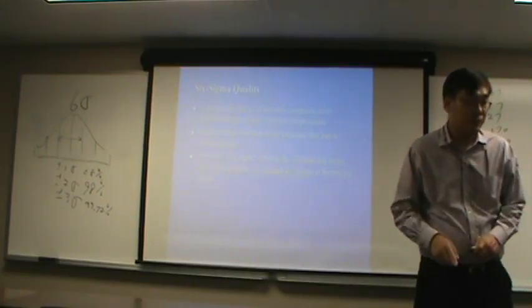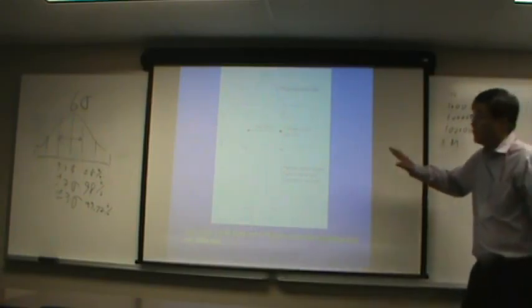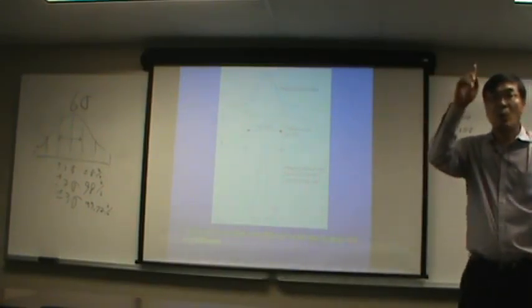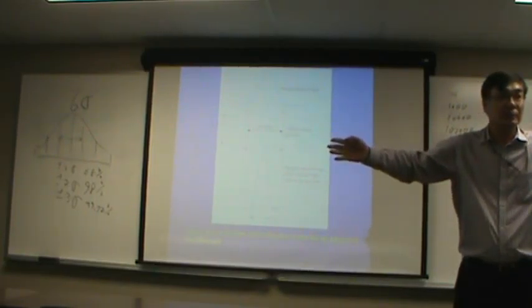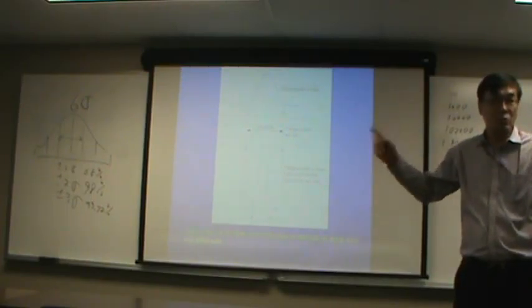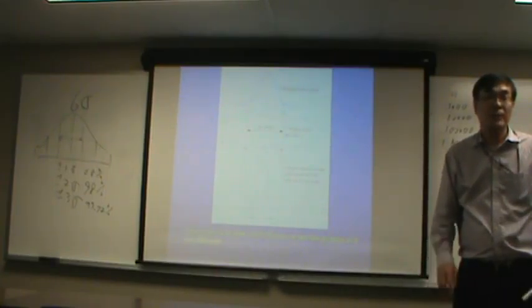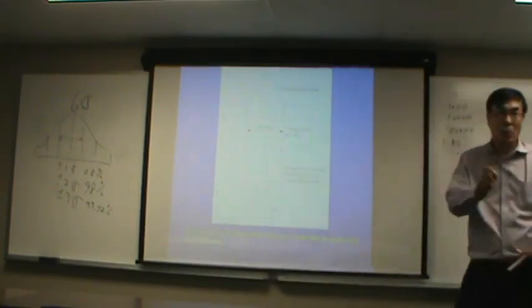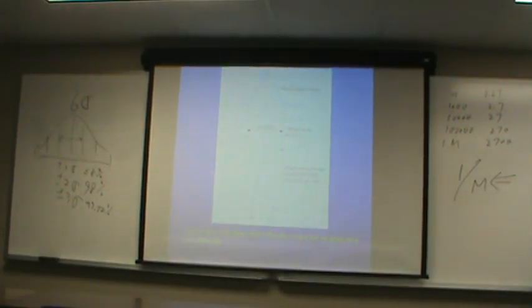That PPM is based on this Six Sigma, 2 out of billion. Billion is too many, right? So usually companies use 1 out of million. So 2 out of billion or 1 out of million is the same concept as Six Sigma.